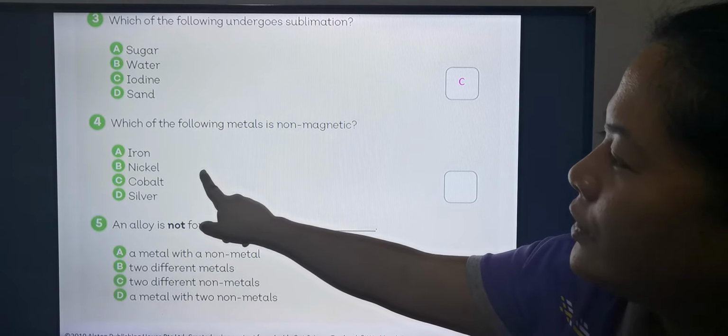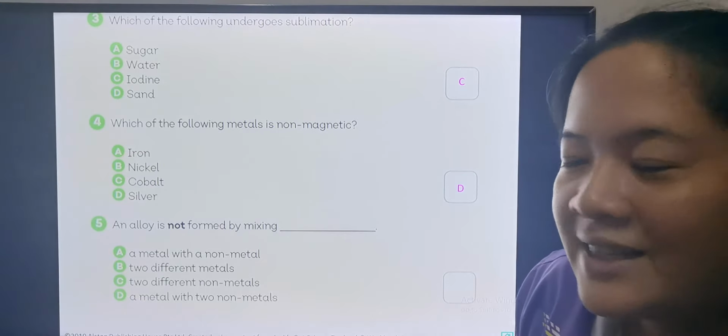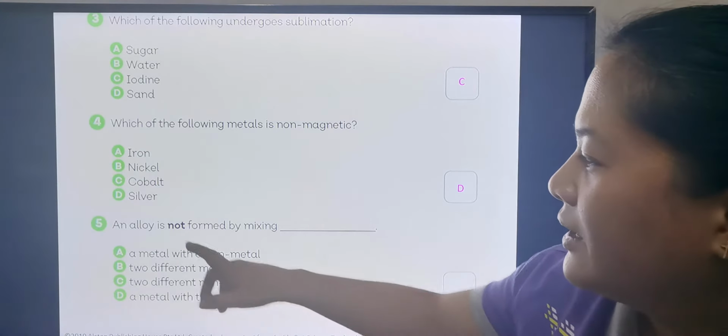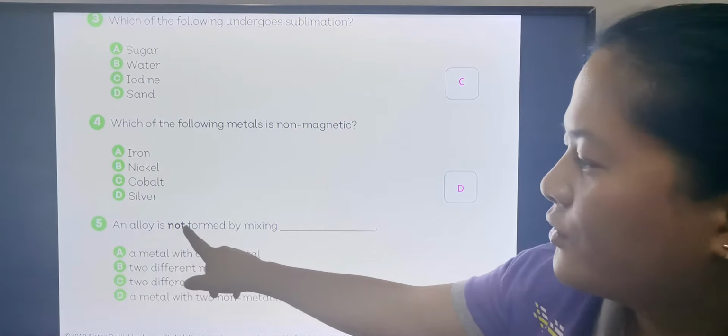Silver. Silver is non-magnetic. And an alloy is not formed by mixing. When you say alloy, it's a mixture of metal with non-metal, or different metals. The metal and non-metal is an alloy. Different metals is an alloy. But letter C, 2 different non-metals. So the answer is letter C.